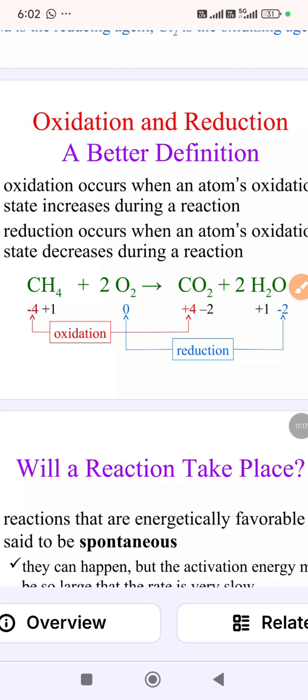We can say that oxidation of carbon is taking place and reduction of oxygen is taking place. Both processes are taking place simultaneously, so we can say that this reaction is a redox reaction.